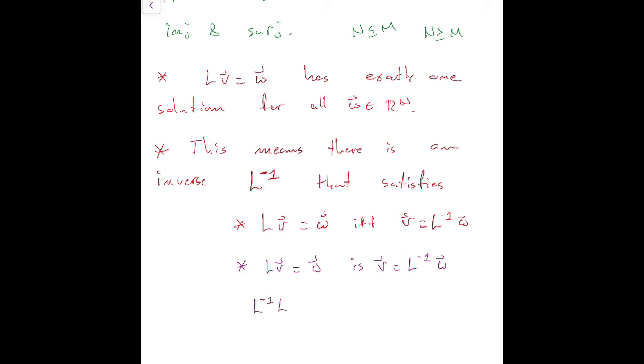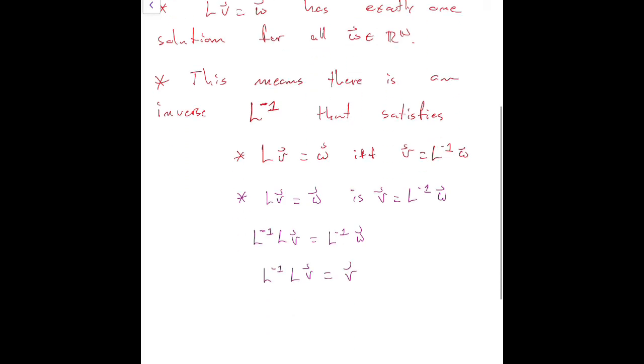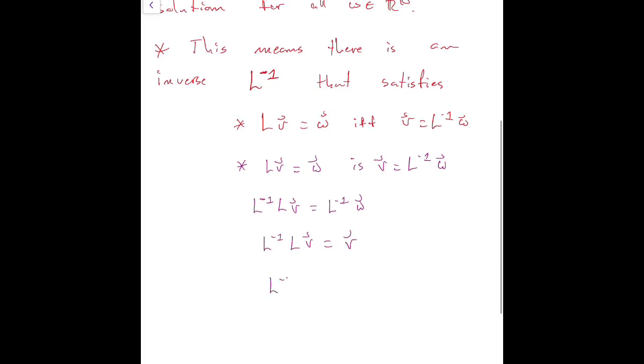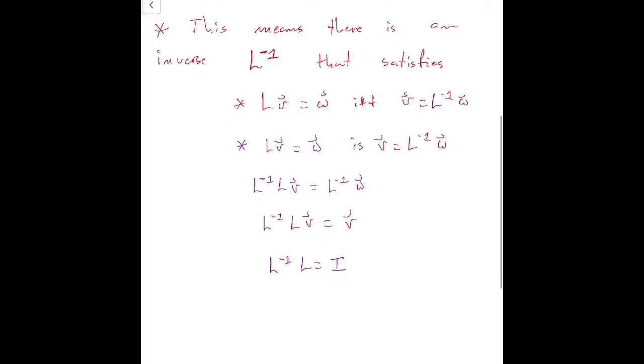So L to the minus 1 LV is equal to L to the minus 1 W. Really, what we're saying is that L inverse applied to L applied to V is just equal to V. Another way to say this is that L inverse times L is equal to the identity transformation. These are all different ways to say that L inverse is the inverse.